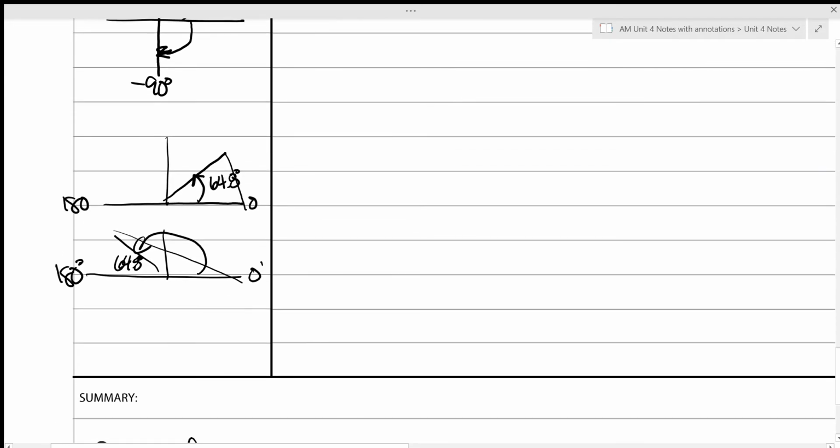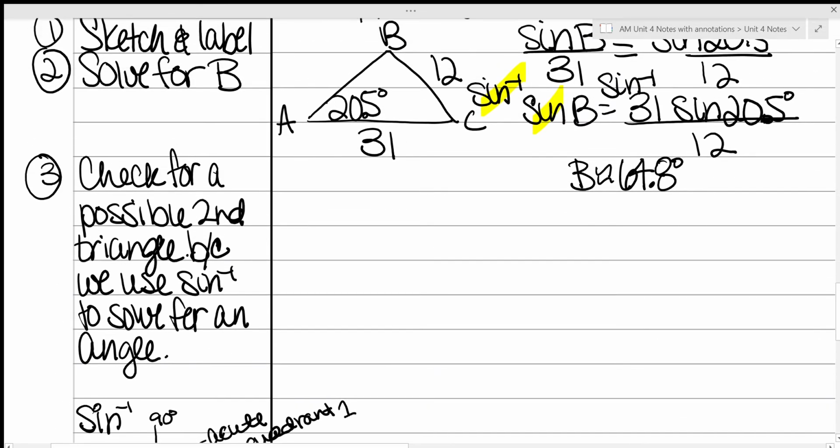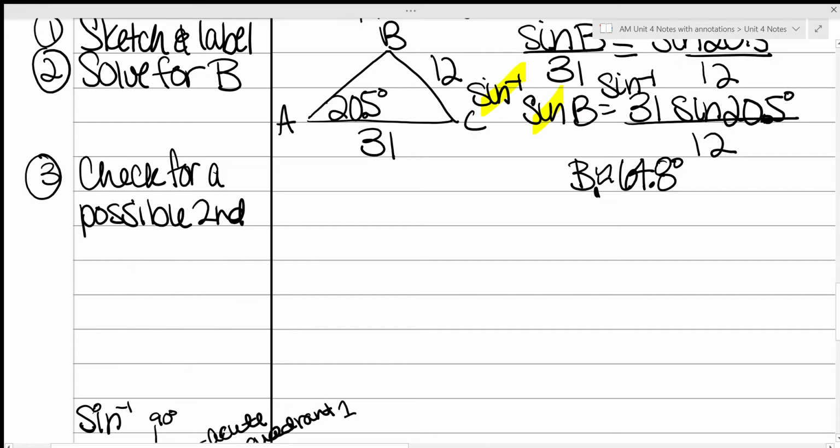To do that, if we were trying to find this angle here, we would just go 180 minus that number, 64.8. I'm going to call this one B1. We're checking for a possible second triangle, so what I'm looking for is a possible second angle for B. And this one would be obtuse.